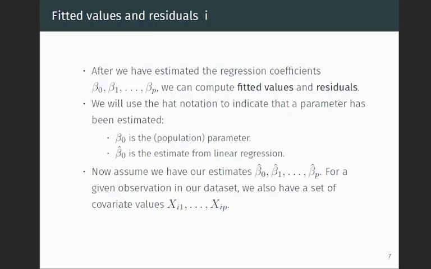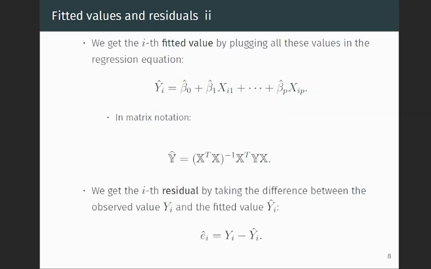And for a given observation in our data set, we also have our covariates, xi1 all the way up to xip. How can we define the fitted values and the residuals? We can define them that way. So yi hat will be the ith fitted value, and we get it by essentially plugging all of these values in the regression equation.